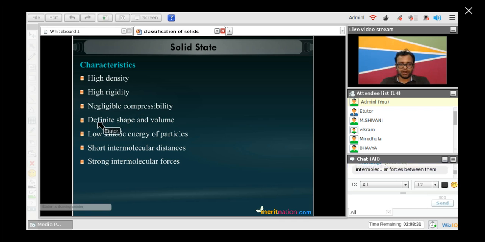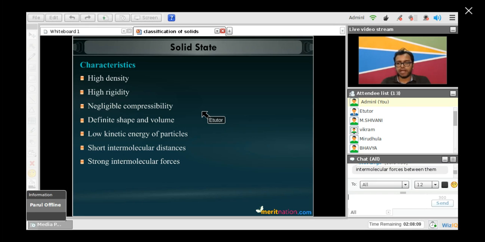Now, every solid has a definite shape and volume, and the kinetic energy of the particles inside the solid is very less. In fact, in solid, the particles can only vibrate at their own position. So you won't see the flow of particles in the spaces in a solid state.